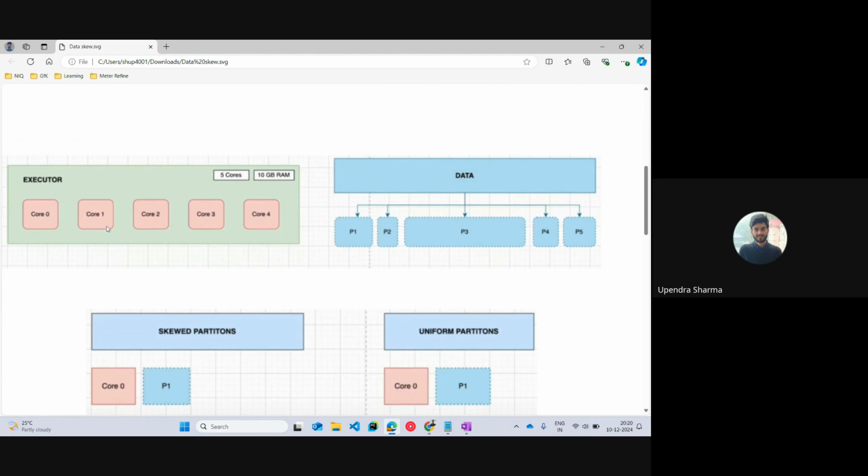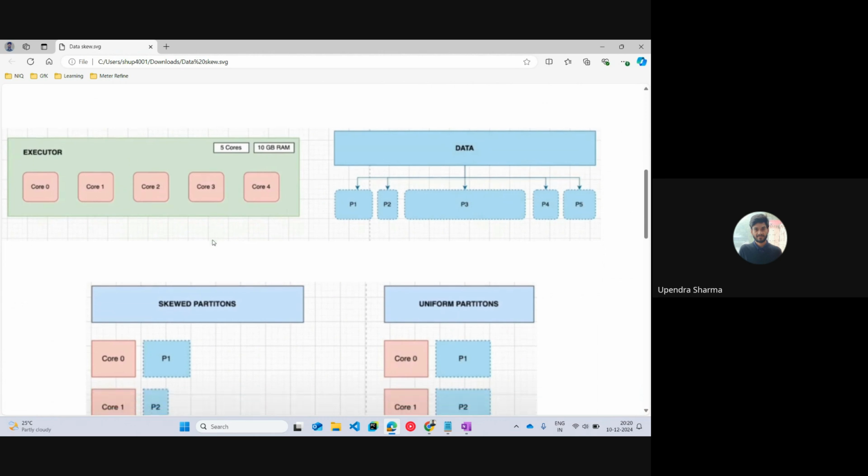But for now, let's just understand that this executor has in total 5 cores: core 0, core 1, core 2, core 3, and core 4. We have 10 gigabytes of RAM for this particular executor, so each core should be getting 2 GB of RAM. The memory will be allocated evenly across all the cores.